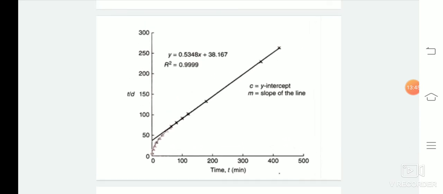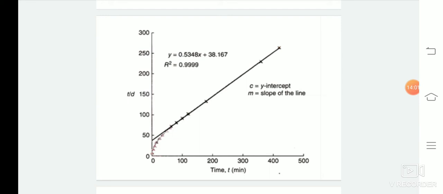The straight line portion in the range of U equals 60 to 90 is extended backwards to the y-axis, as we can see in the graph. The slope m and the intercept on the y-axis c of this extended straight line are determined.